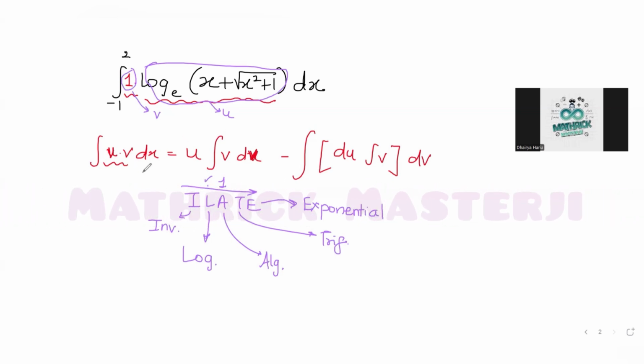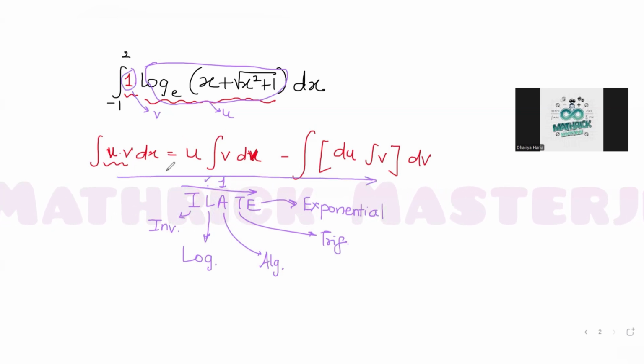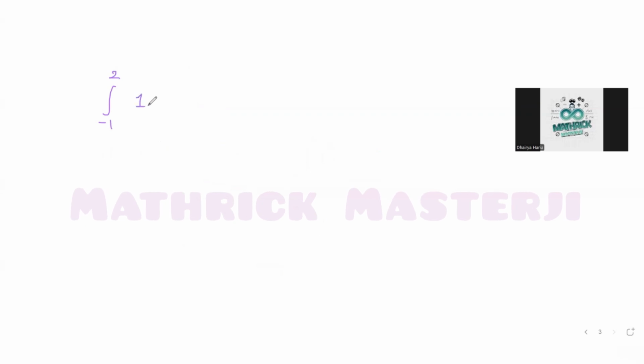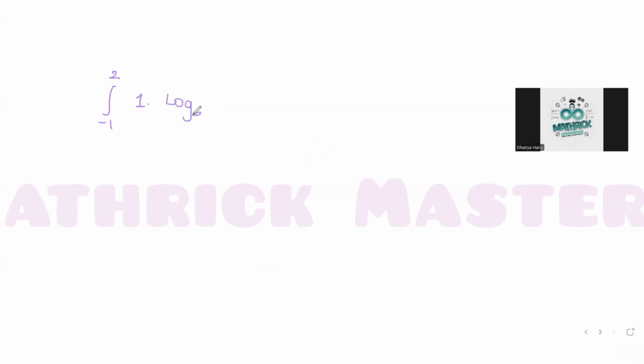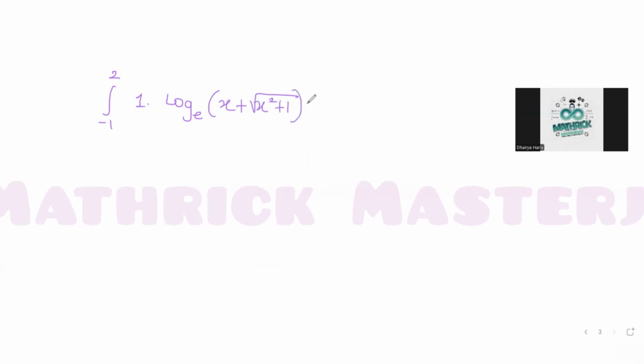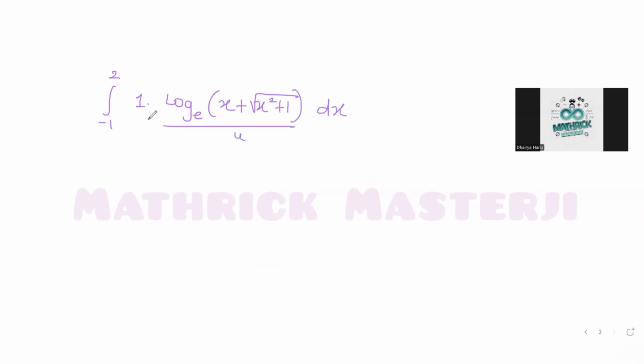So this part becomes my u, and 1 becomes my v. Now I use the idea to find the integral of this product. I can write this as the integral from -1 to 2 of 1 times log base e of x plus root of x squared plus 1, dx. This entire log function is my u and 1 is my v.